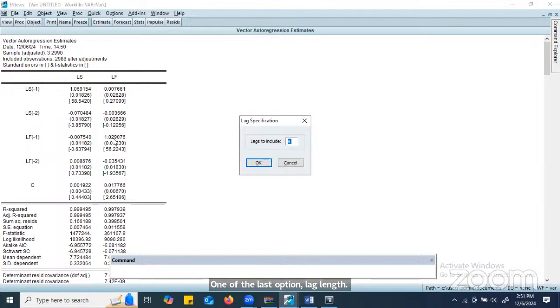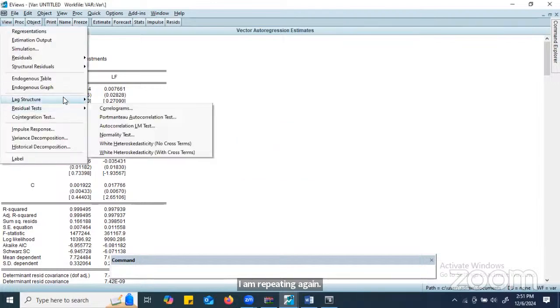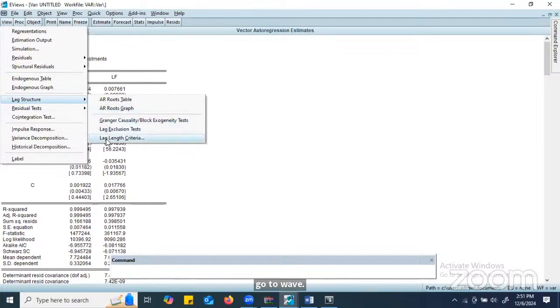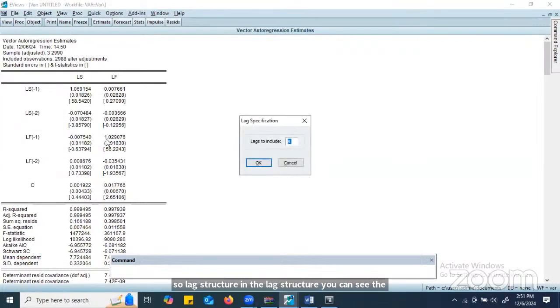What is the default lag length? By default it will be 8. I am repeating again: go to View, Lag Structure, click Lag Length Criteria. By default it is 8. Click OK.